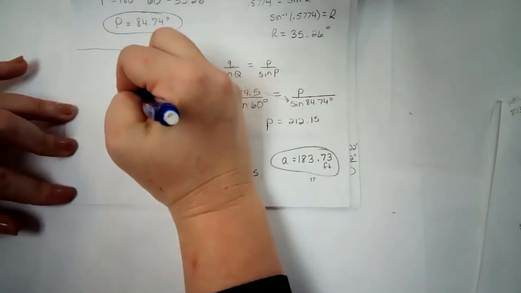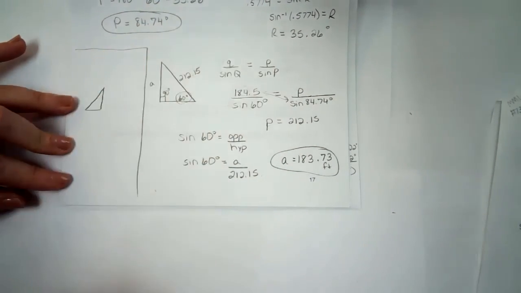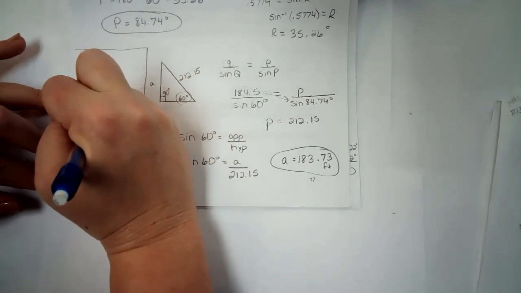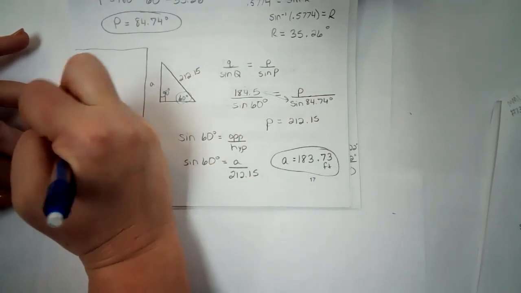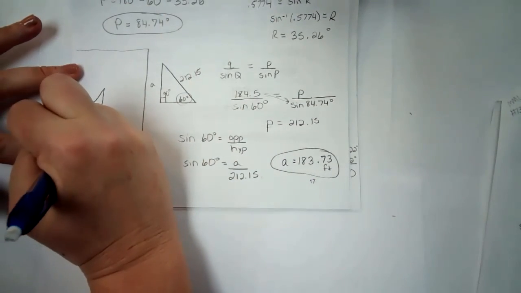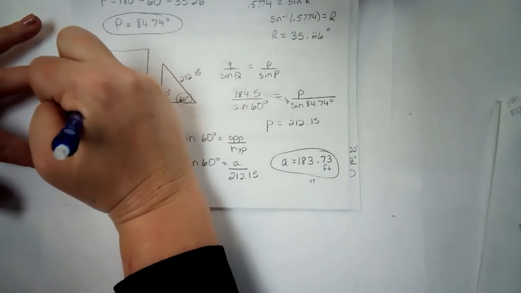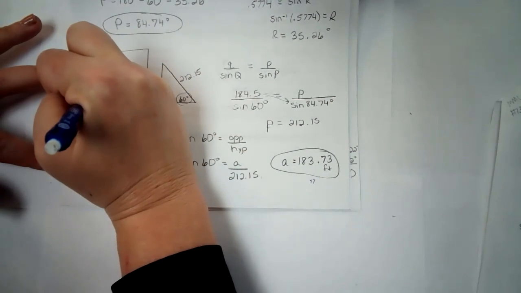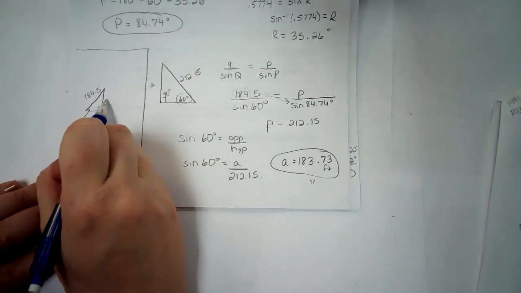Now I just want to show you, what if you had used this other little triangle? What if you had used him instead? Well, here's your right angle. Should have drawn him bigger. Here's 84.74 degrees. I have this, it's 184.5, and then I need to find this.